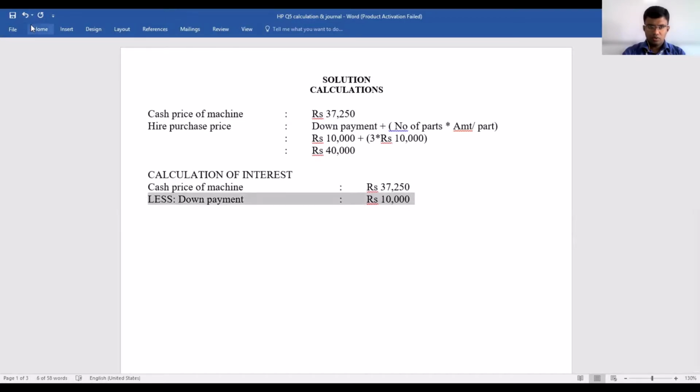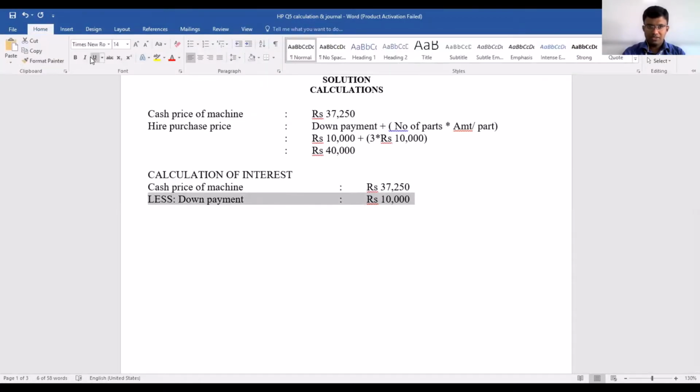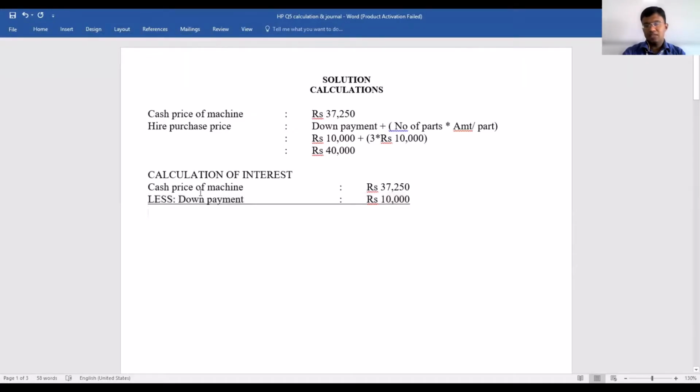Now, please remember, we will be estimating interest on the outstanding amount. So amount outstanding on 1st April 2016 is the difference between the two, which is 27,250.